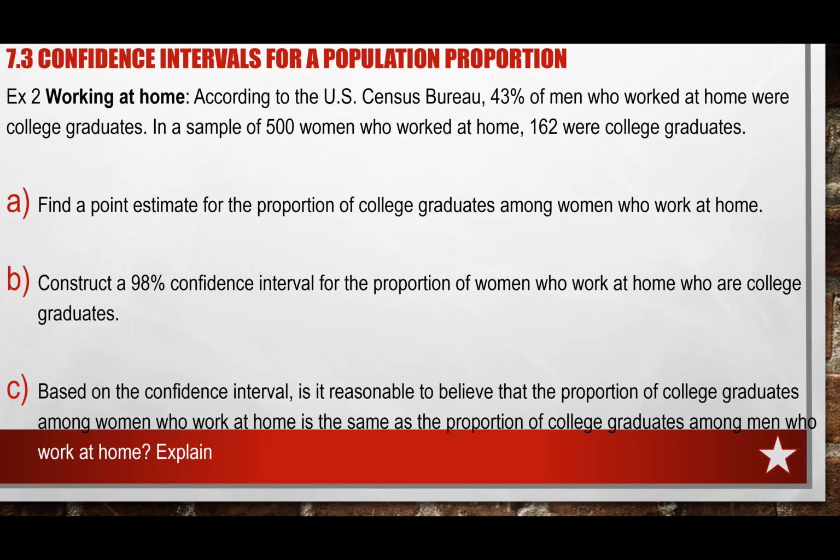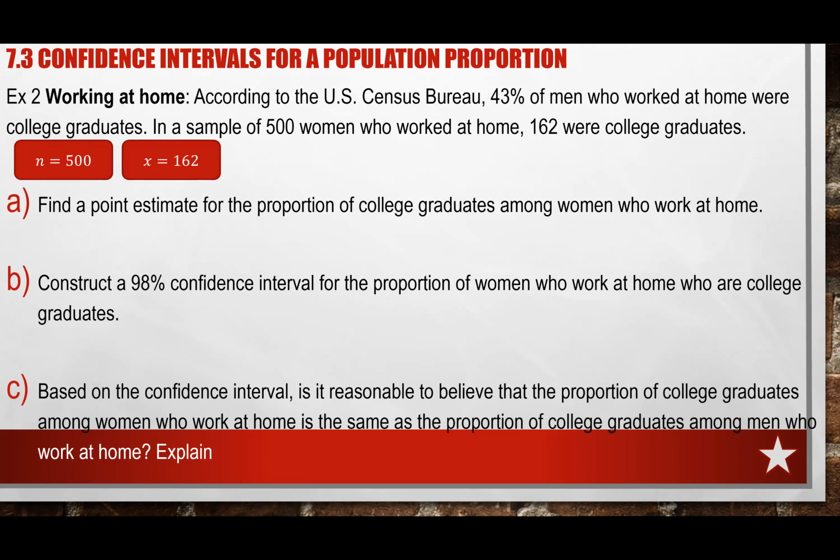Well, we know that we need the N, the total number of people in the survey. And once we know the N, we need to know how many of those total are the people that fit the category they give us, which in this case is college graduate: the 162 women who were college graduates.